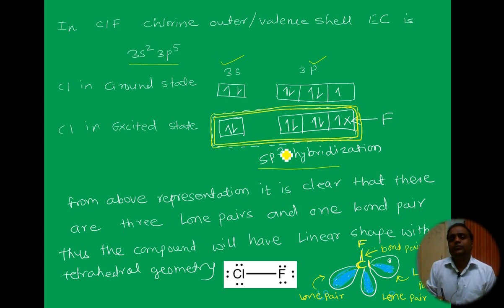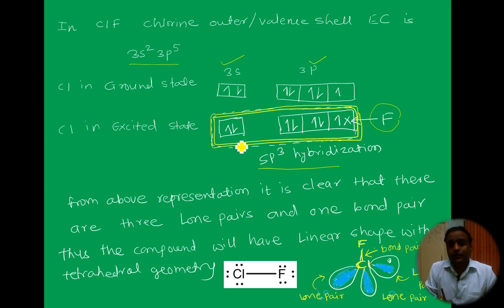Now if you see, there is one place empty, and in this place fluorine will share its electron, and thus the orbitals will get fulfilled with their electrons.